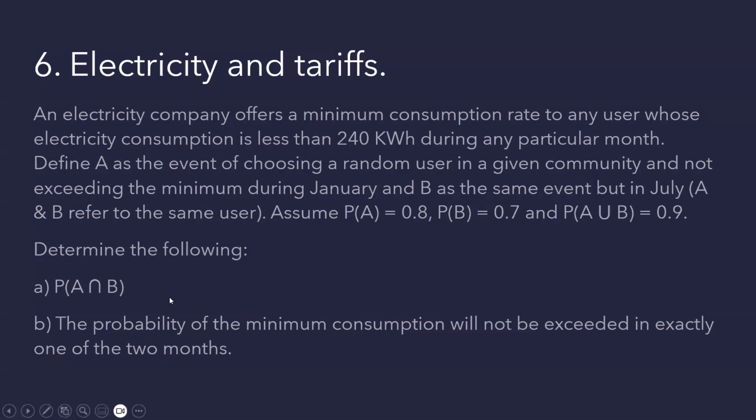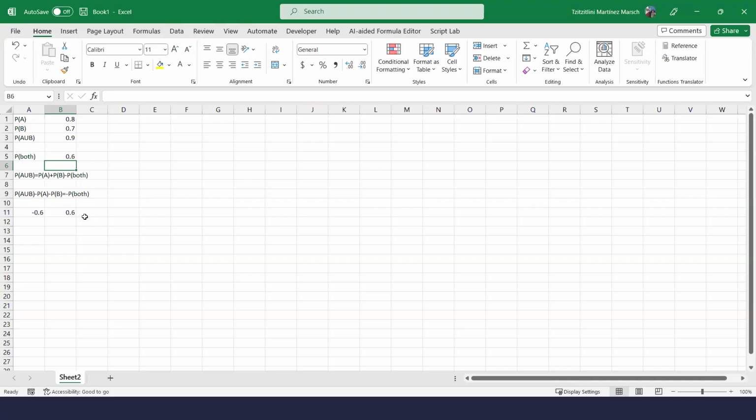The probability that the minimum consumption will not be exceeded in exactly one of the 2 months, okay? So this is that it won't happen in both of the 2 months. How would you do this? Well, it's fairly simple.